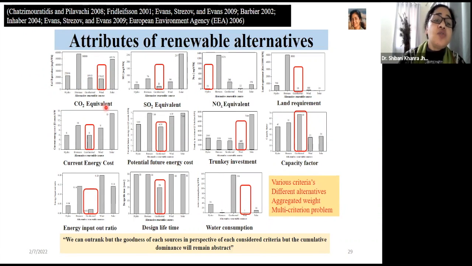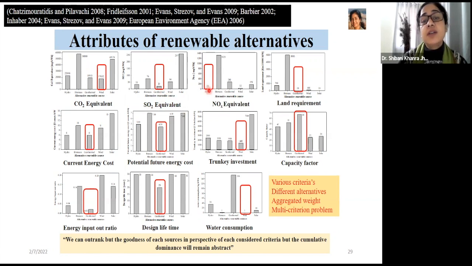So as you can see, like CO2, all these 5 sources have been shown. So CO2, which is equivalent CO2, was collected, and it has been found that for geothermal and wind, it is lower compared to other sources, lowest in the case of wind, whereas for SO2, it can be observed that it is lowest in case of geothermal.